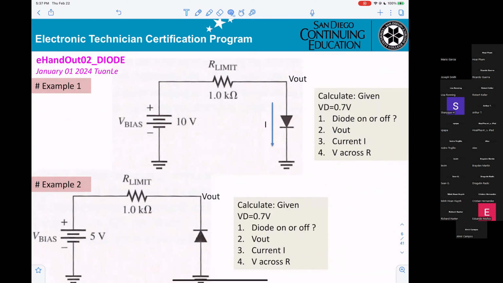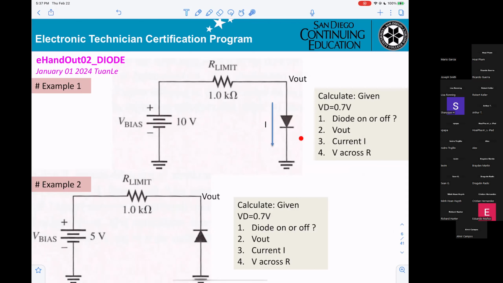Okay, when you're working with a Zener diode or normal diode, you must know whether the diode will be on or off. If you look at this circuitry, how do we know this diode is on or off?